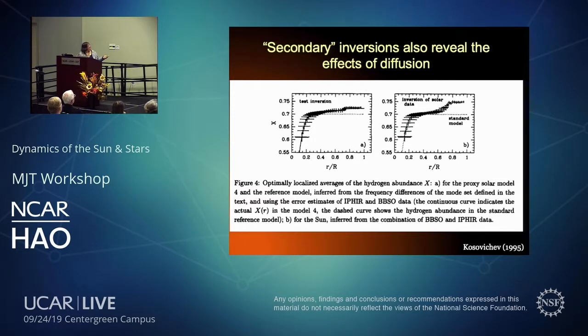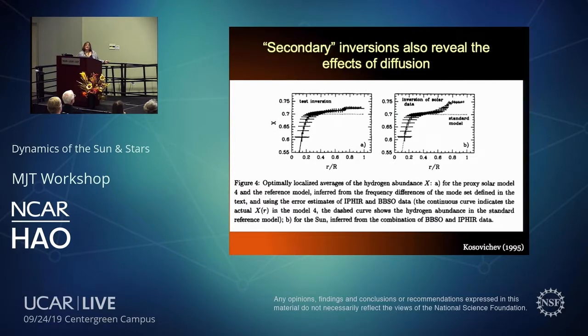Now, at the same time, and in a few years, secondary inversions by Sasha Kosovichev actually showed that this is the hydrogen abundance. The hydrogen abundance is not flat and then decreasing in the core, like the non-diffusion standard model, but in fact has a decrease. Now, he did have to assume he knew the equation of state and opacity. So the real error bars are probably larger. On the other hand, it is definitely not flat. So we know that.